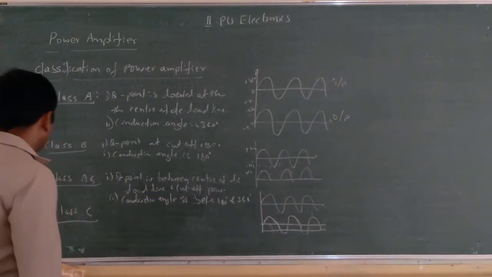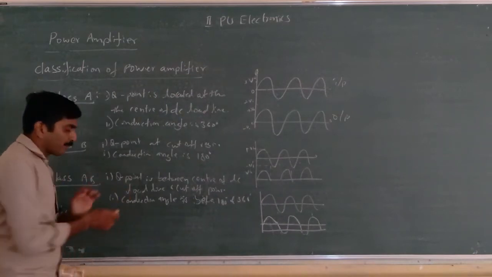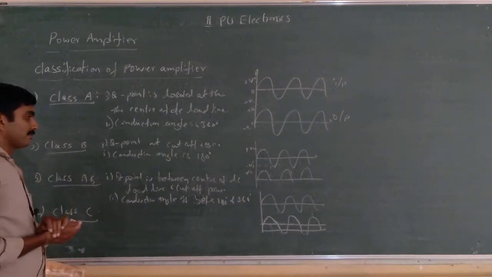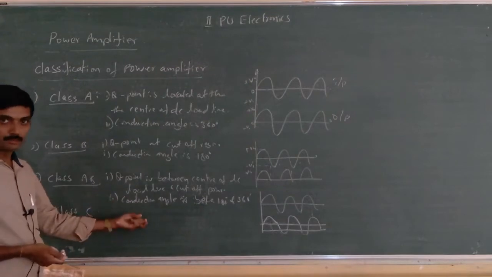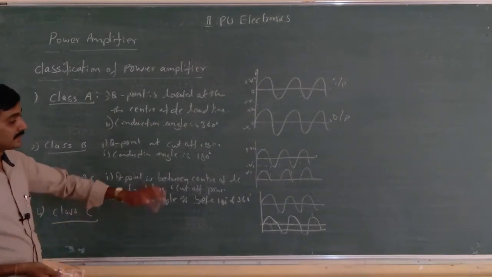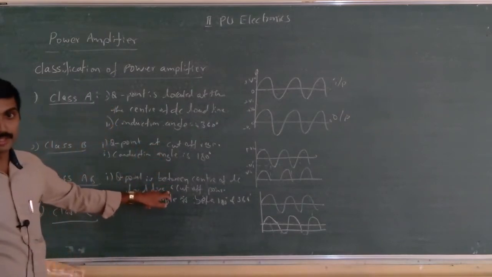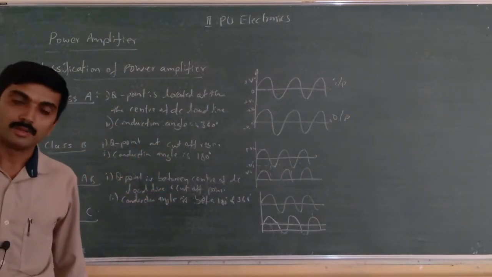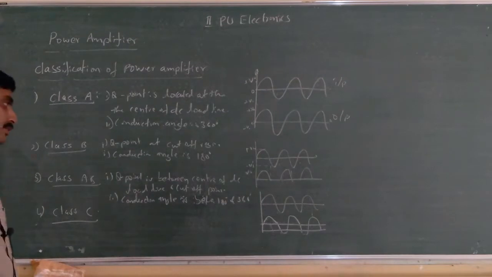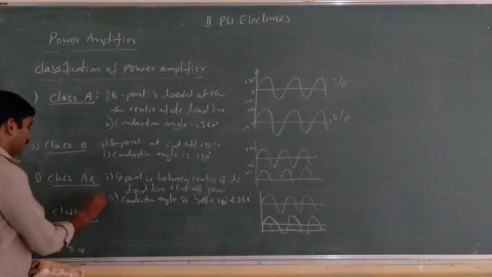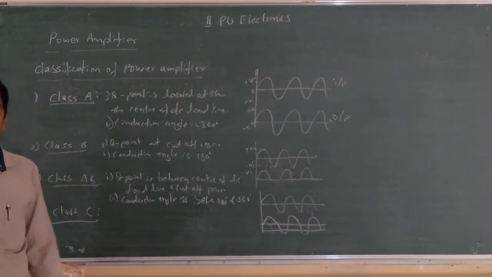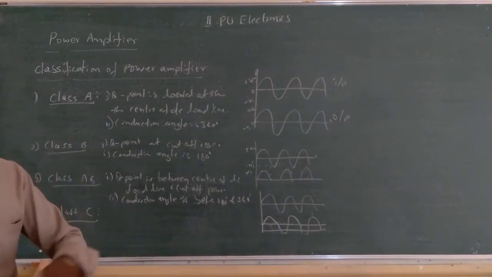Okay. So what about the power efficiency of the class AB amplifier? Here also distortion is more. Since the conduction angle is more compared to class B amplifier, efficiency is reduced here. Class AB power efficiency is reduced, maybe around above 30% and below 70%.